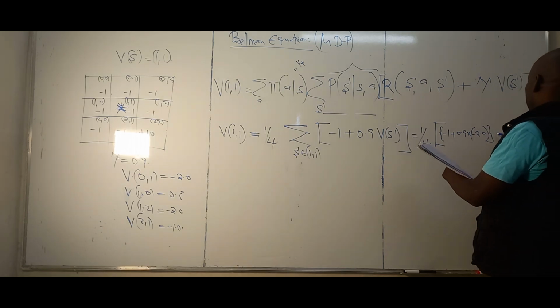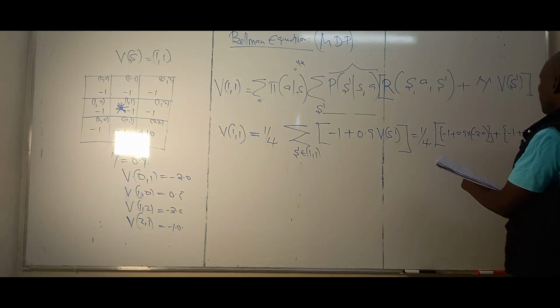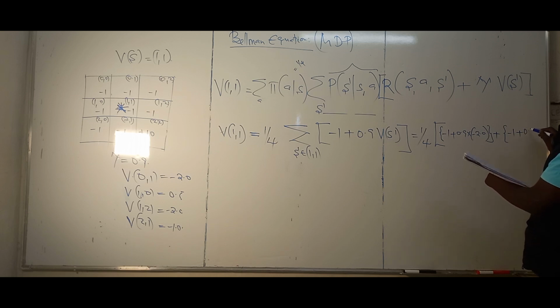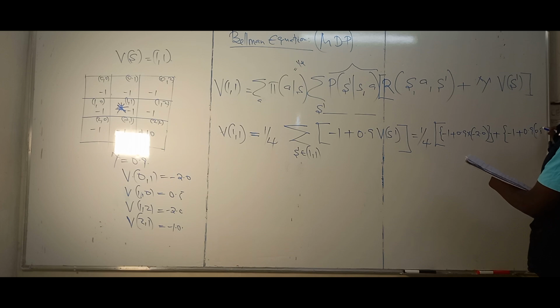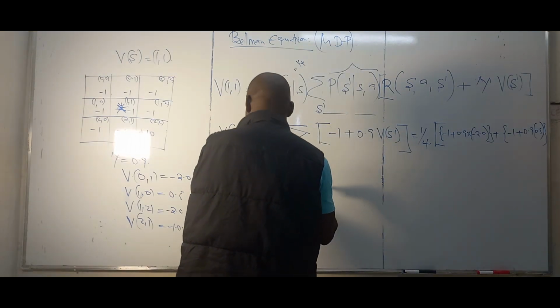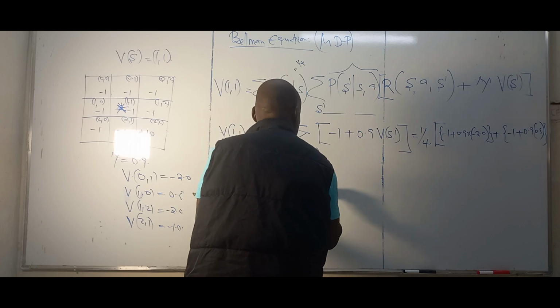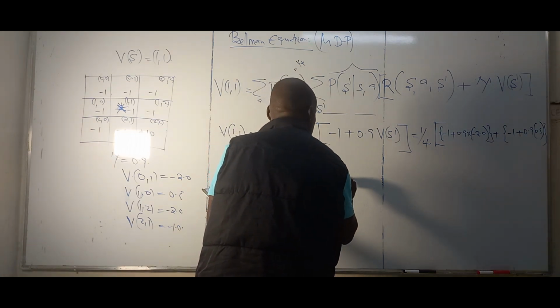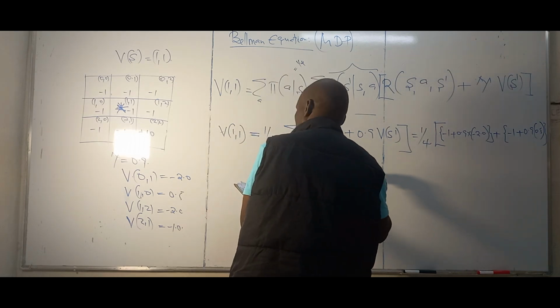Plus negative 1. Again, let me put this. Negative 1 plus 0.9 times 0.5, plus negative 1 plus 0.9 times negative 2.0.